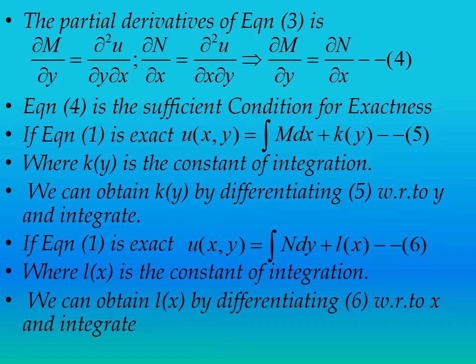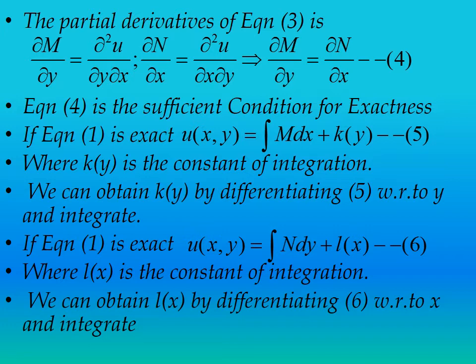So if the equation is exact, then the solution of the exact ordinary differential equation is u(x, y) = ∫M dx + k(y). Here k(y) is the constant of integration. We can obtain this k(y) by differentiating the above equation with respect to y, and then you have to integrate.